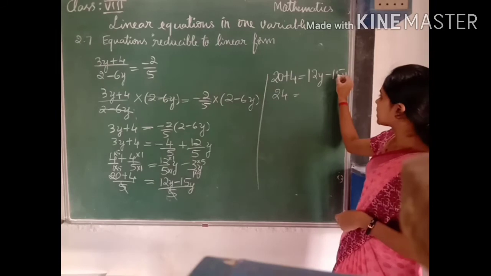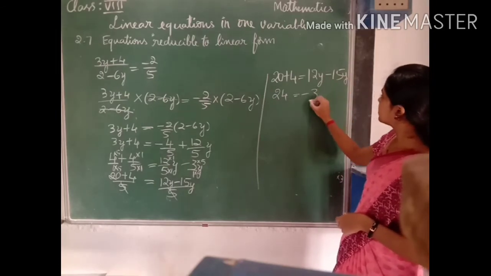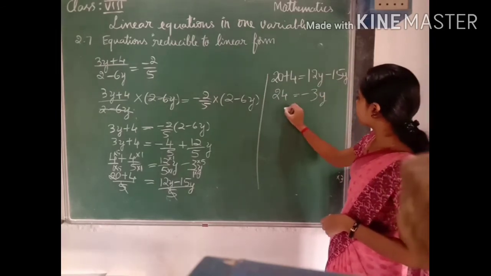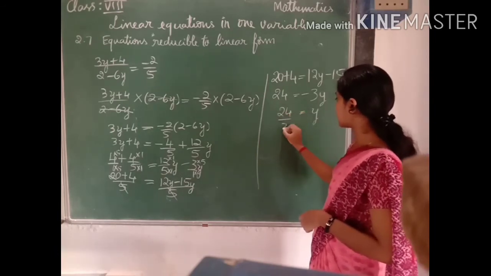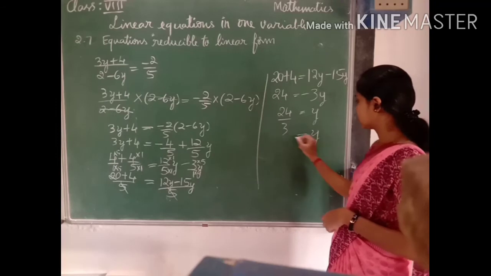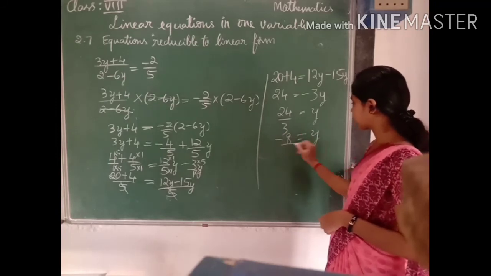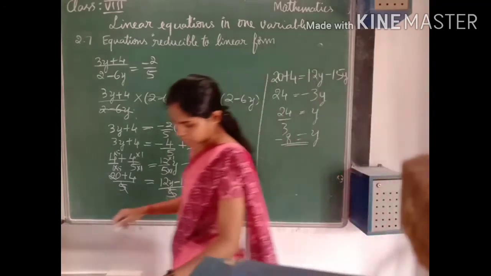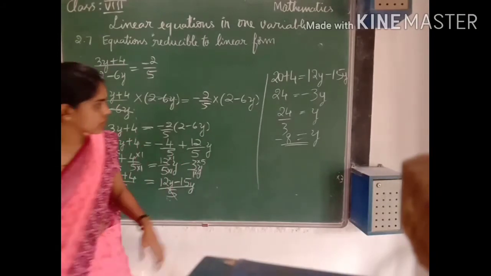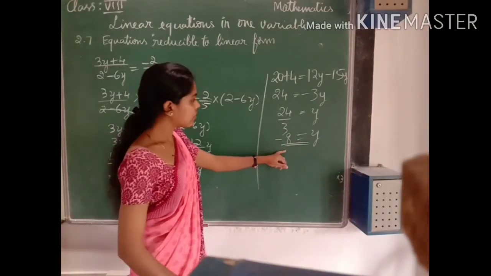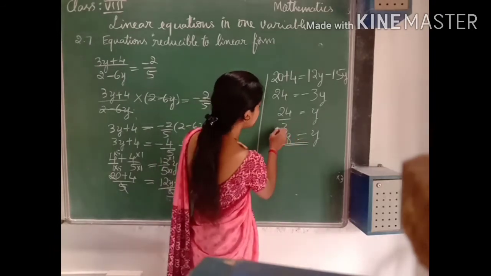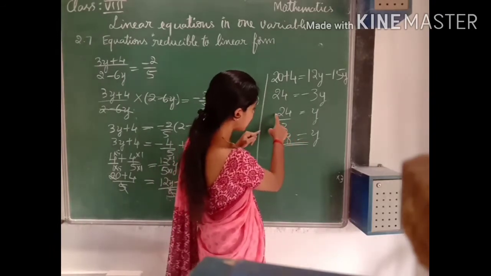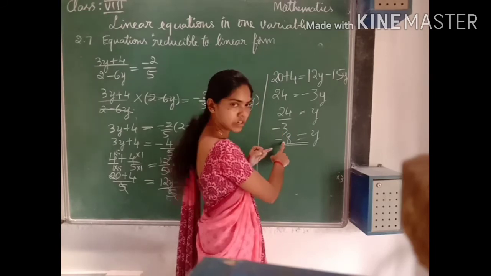Then 12y minus 15y is minus 3y. So the value of y is equal to 24 by minus 3. So y is equal to minus 8. Here it is minus 3, so 24 divided by minus 3 is equal to minus 8.